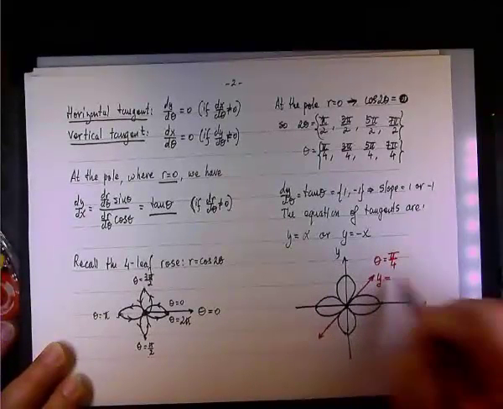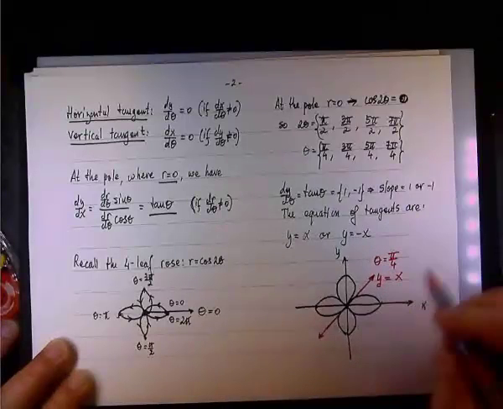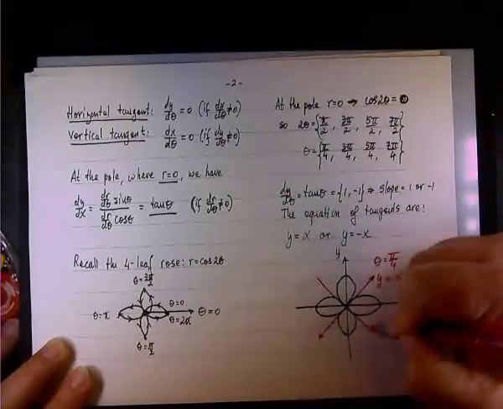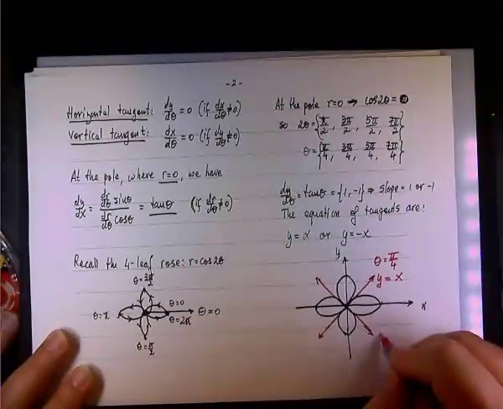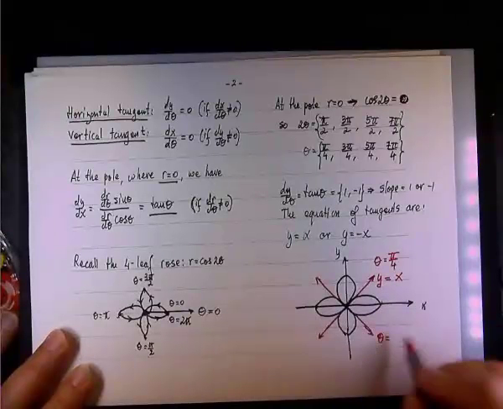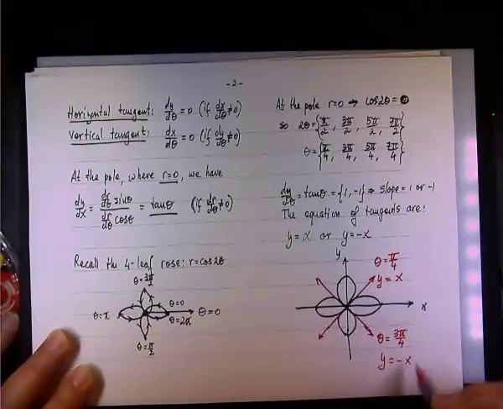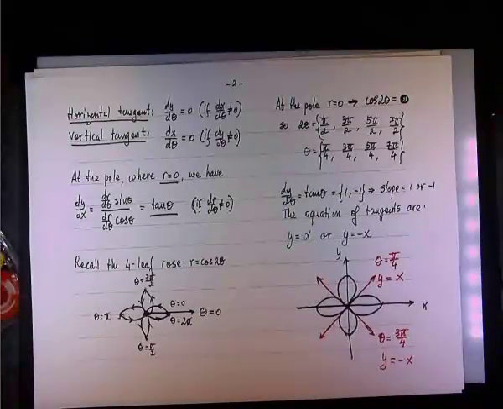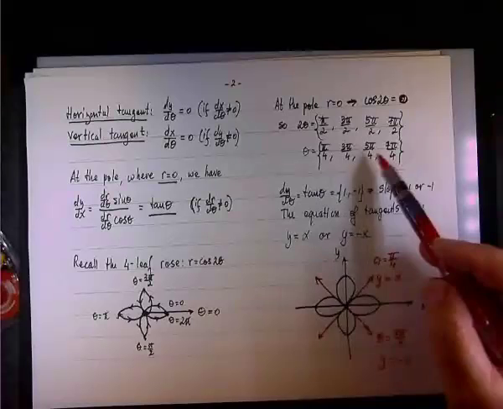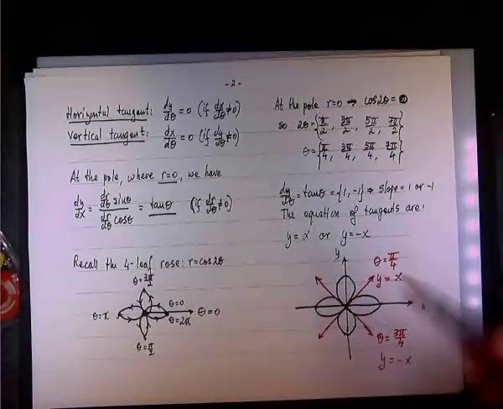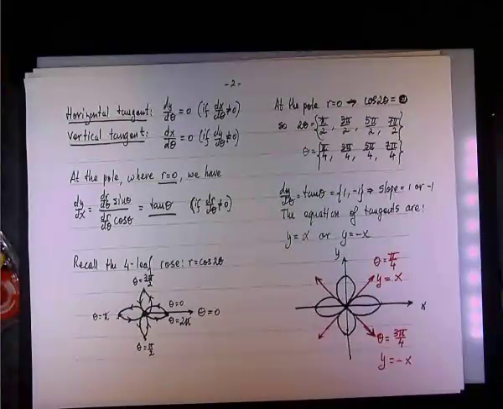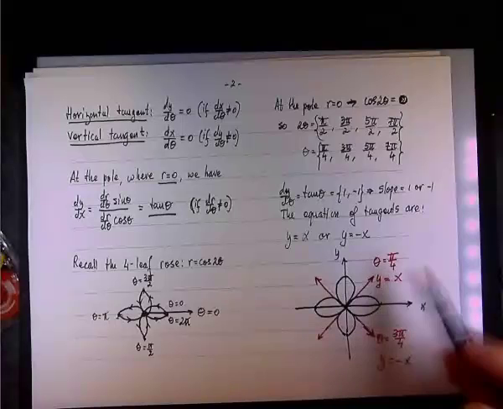Remember, we said that in a polar coordinate system, r equal to a constant is a circle, and theta equal to a constant is a line. So this is the line theta equals pi over 4, or in the Cartesian system, y equals x. And then the other tangent right here is this one. And this line is theta equals 3 pi over 4, or y equals -x. Okay, so those are the tangents.